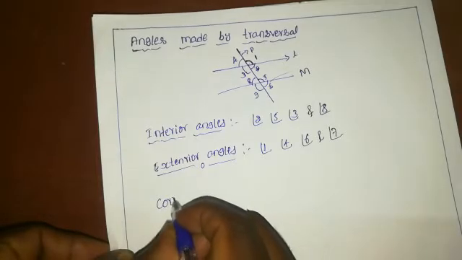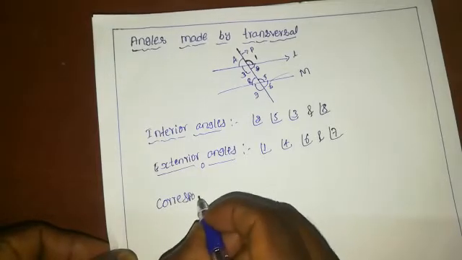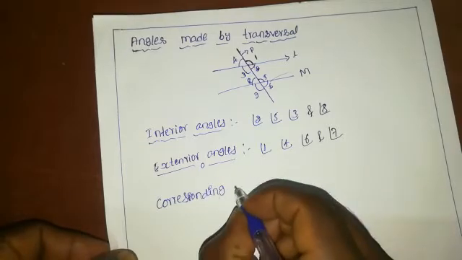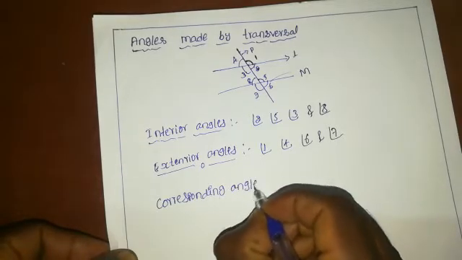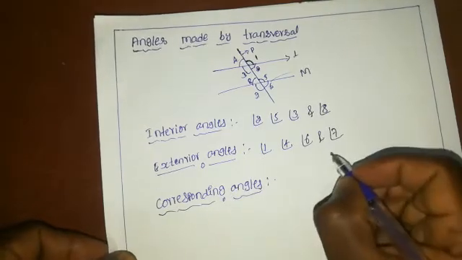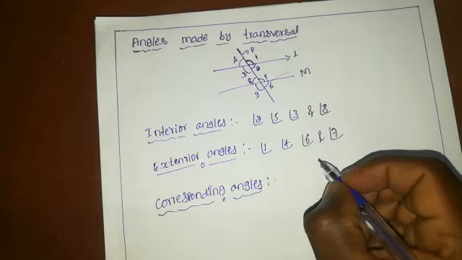What do you mean by corresponding angles? Corresponding angles have different vertices.